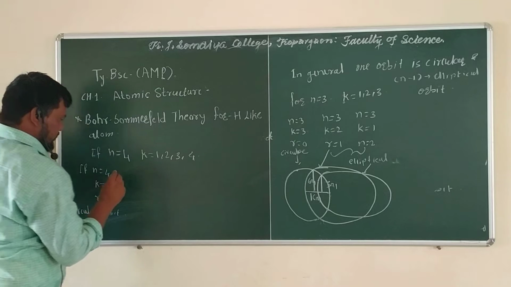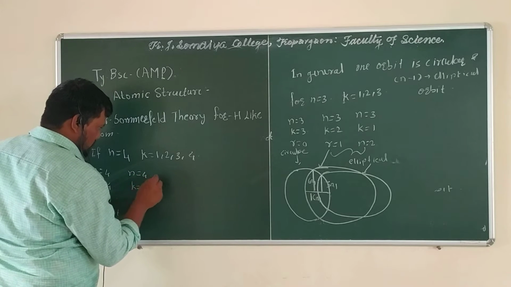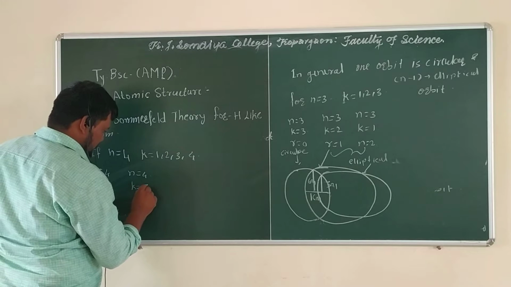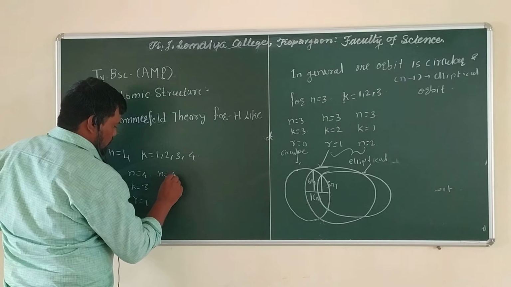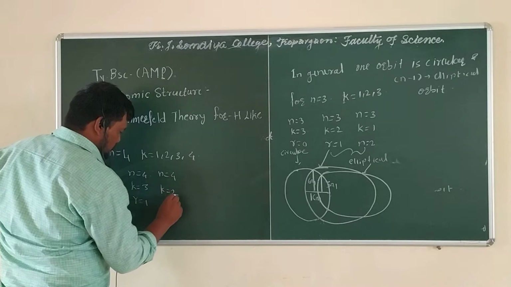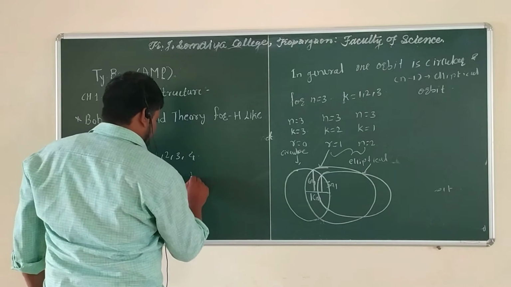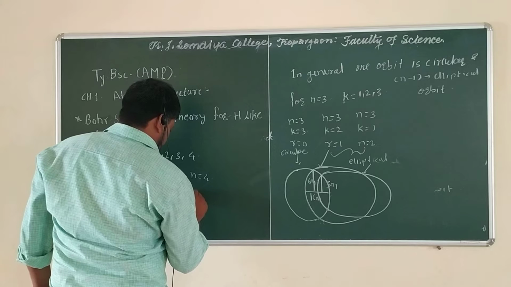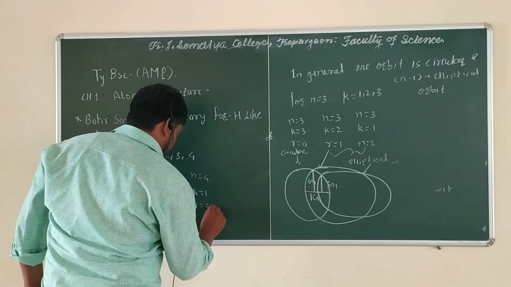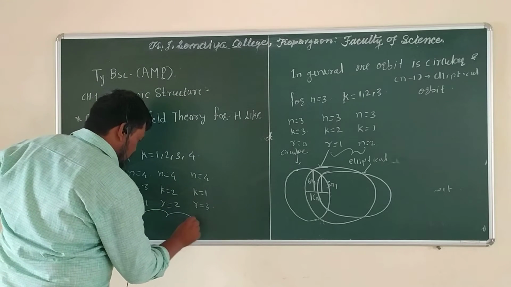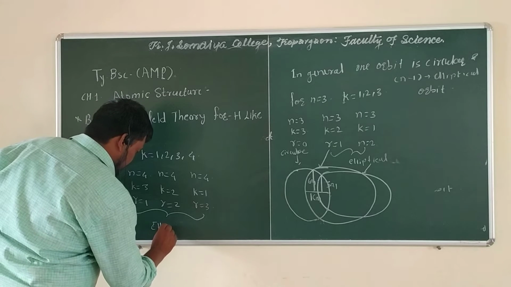If n is equal to 4, k is equal to 3, then r is equal to 1; n equal to 4, k equal to 2, then r is equal to 2; and if n is equal to 4, k is equal to 1, then r is equal to 3. So these three orbits are elliptical orbits.